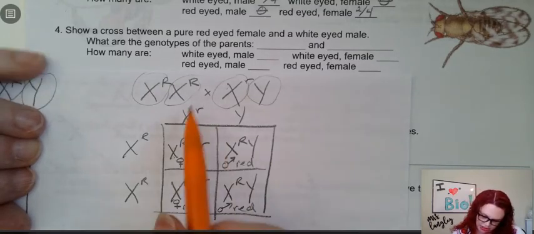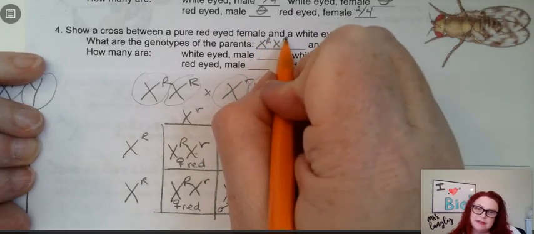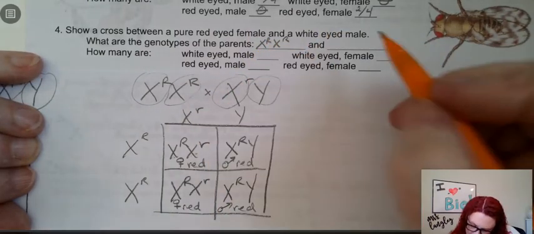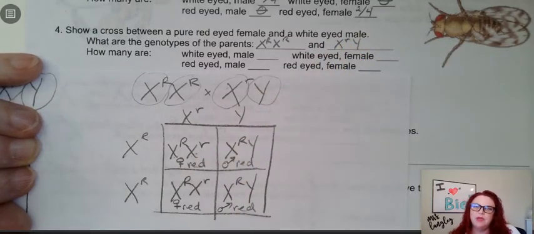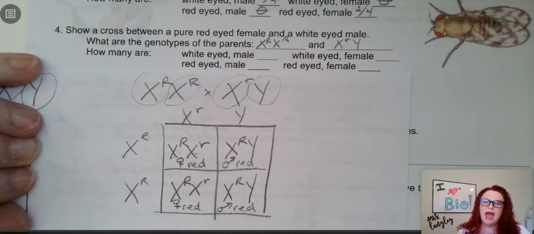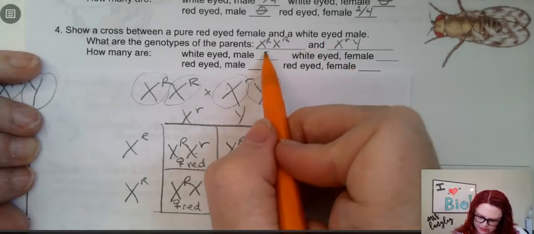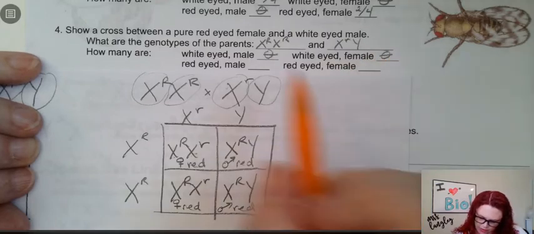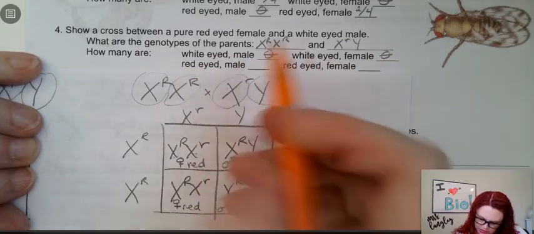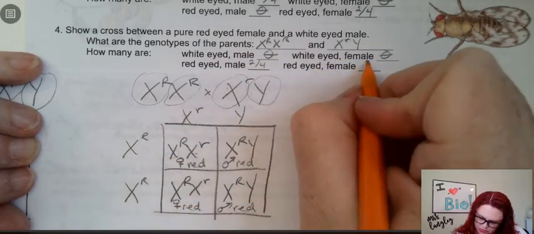Okay, so the genotypes of our parents: we had a female like this, and a male like this. Of them, how many white-eyed males did we have? Well, all of our offspring have red, so there is 0. White-eyed females, 0. Red-eyed males, 2 out of 4. Red-eyed females, 2 out of 4.